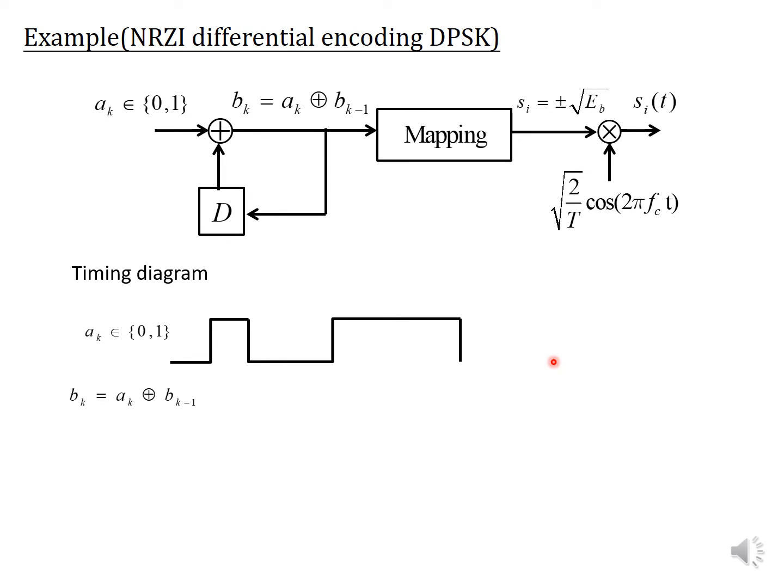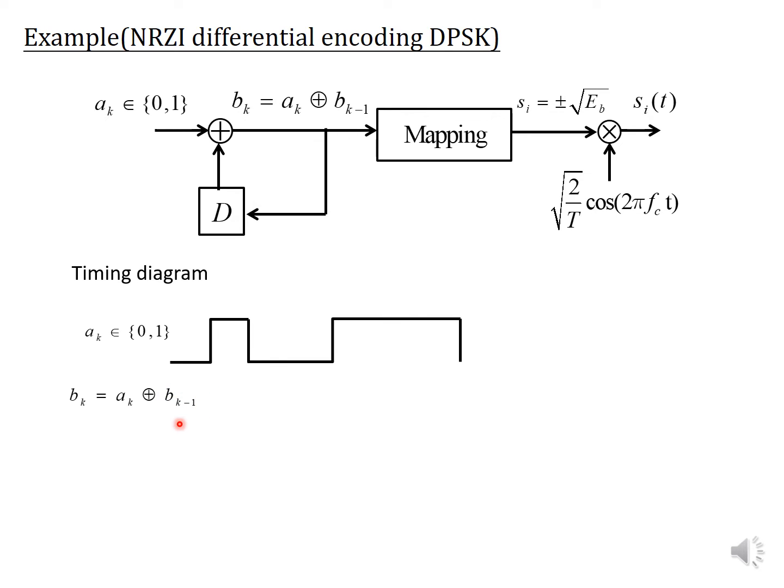The differential encoding that we have, BK, is an encoding based on the input AK and the previous symbol.